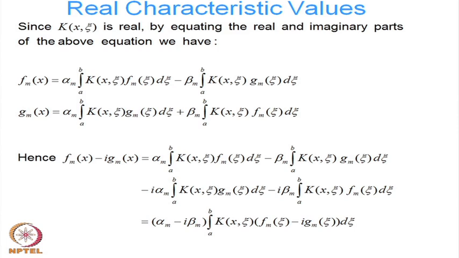So, if I have a complex eigenvalue, its complex conjugate is also an eigenvalue, and since a complex eigenvalue must have a complex eigenfunction, the complex conjugate of that eigenfunction is also the eigenfunction corresponding to that complex conjugate eigenvalue, right.